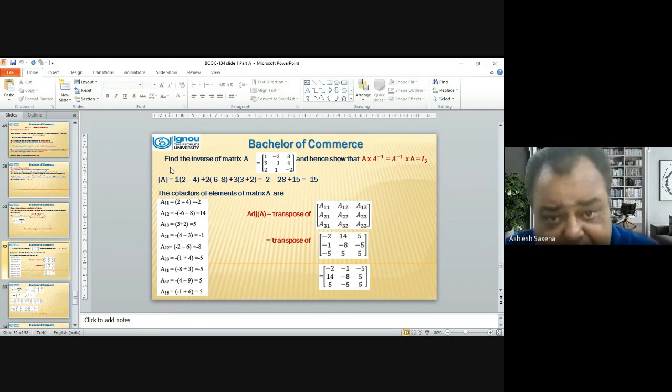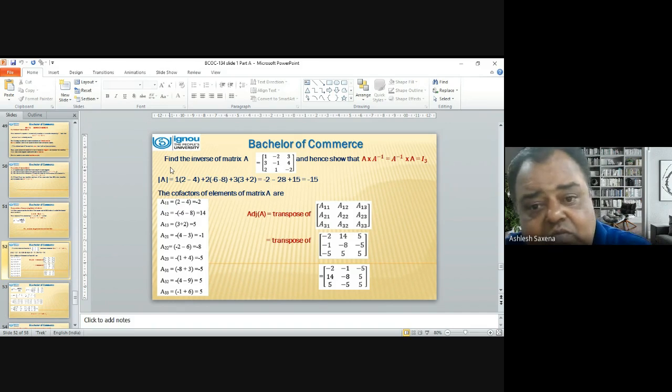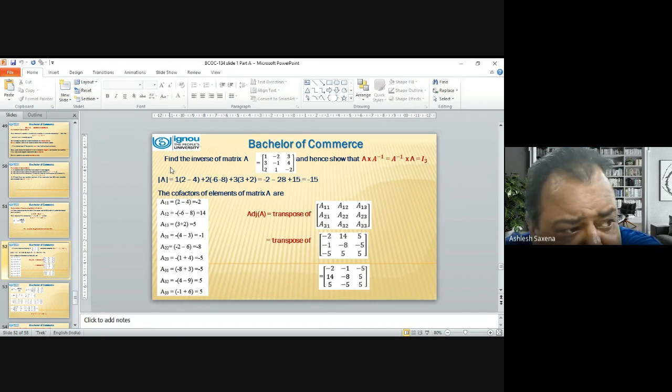Calculating its determinant value, we get minus 15. You know how to find the minors and the cofactors.